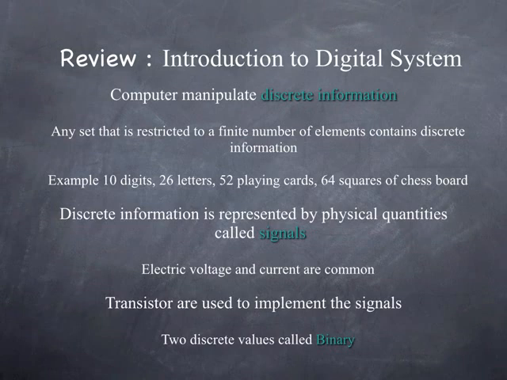And what was the reason for binary? Because we have a device which has two states only. A transistor, working as a switch, can have two states only: either it's cut off or it's in saturation. If the transistor had 3 states, then we could utilize 3 discrete values.